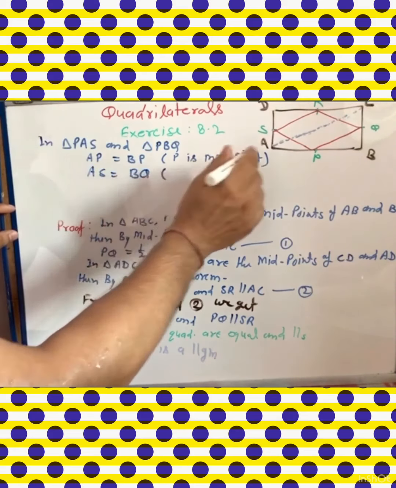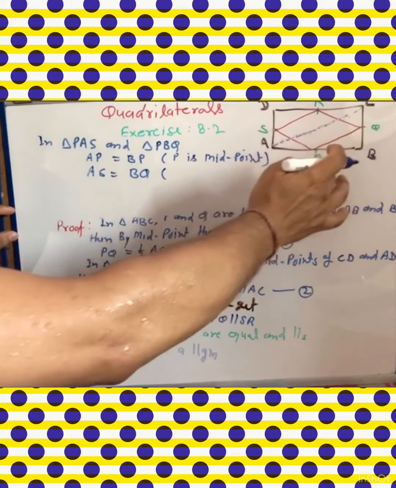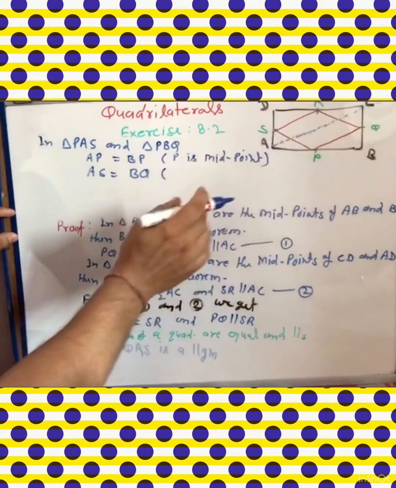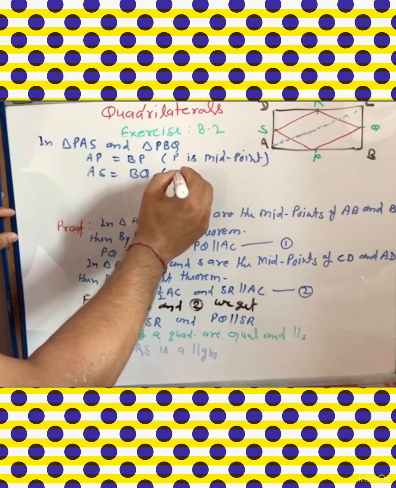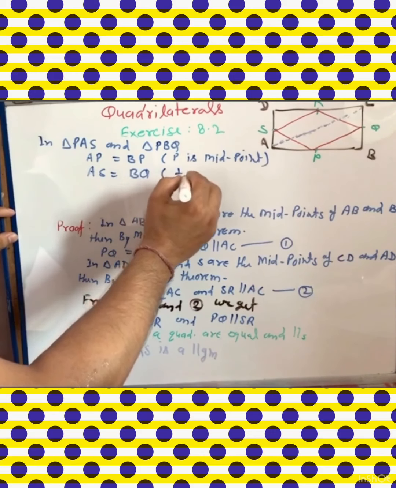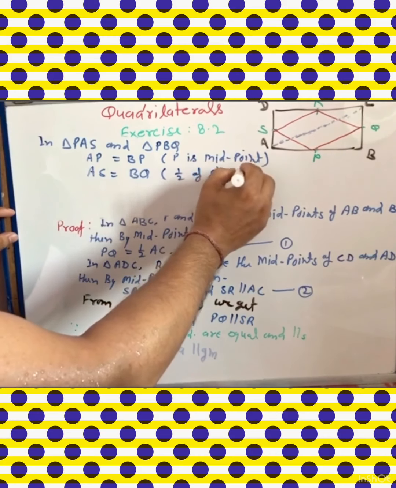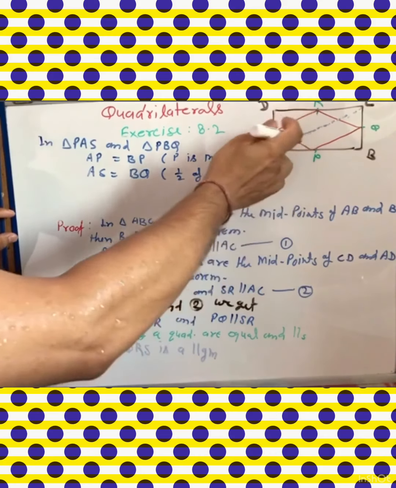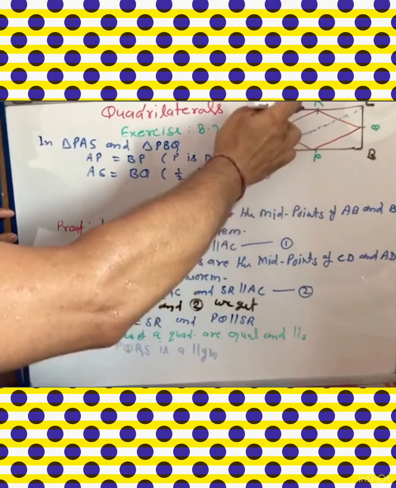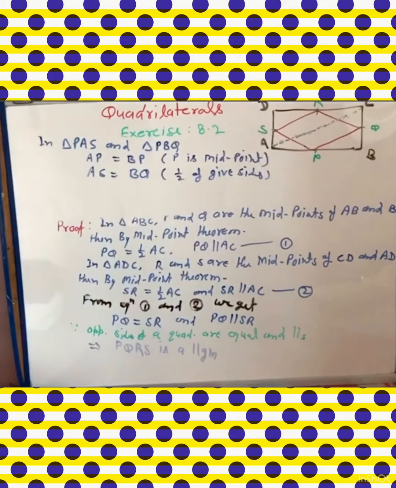Why? Because again these two are midpoints, half of given sides. Because this is the midpoint, so you can say that this is half of AD and this is half of BC. Okay.